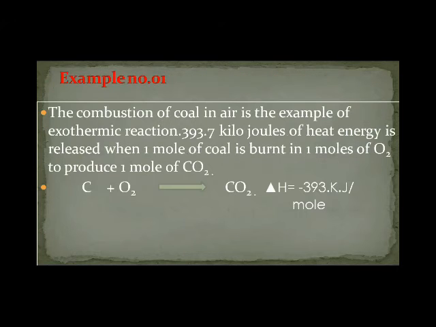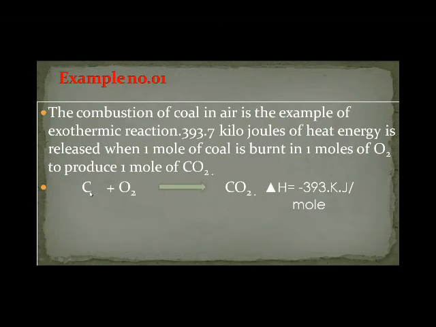Next, we have example number one, the combustion of coal in air, an example of an exothermic reaction. 393.7 kilojoules of heat energy is released when 1 mole of coal is burned with 1 mole of oxygen to produce 1 mole of carbon dioxide. What is combustion? It means the burning of oxygen with, here we are talking about carbon, that's the combustion of coal.